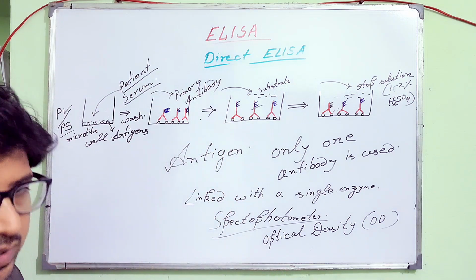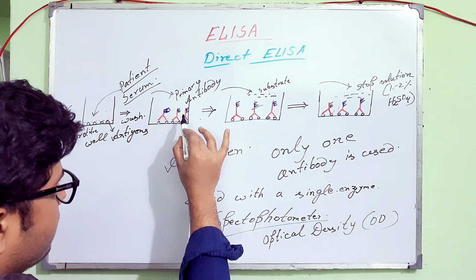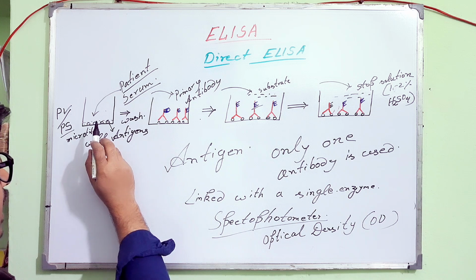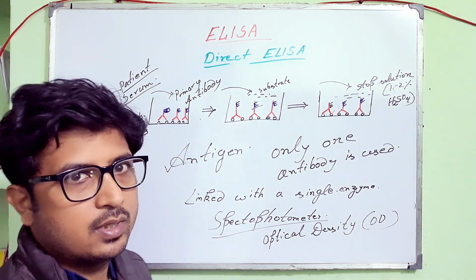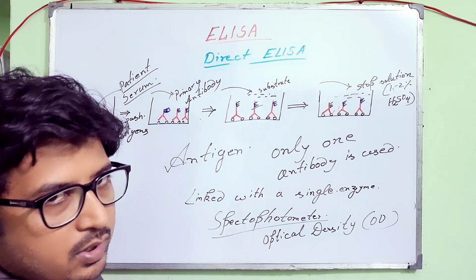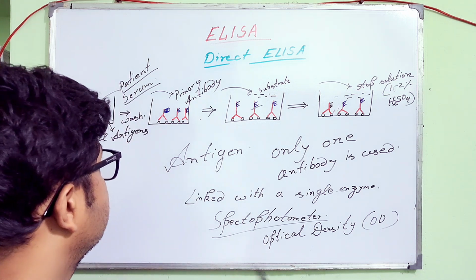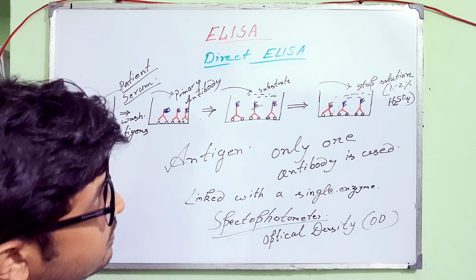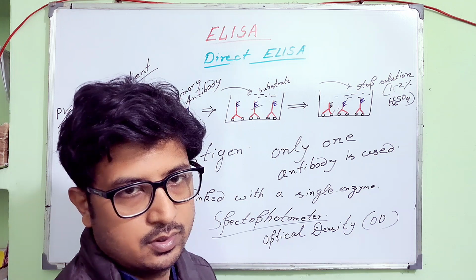So I hope you understand that direct ELISA consists of mainly only one antibody which is linked with an enzyme. The antigen will not be adhered from before, or the company will provide you only the microtiter well which is devoid of any kind of antigen or antibody. So first the serum, then the antibody, then the substrate which will be converted to the product, and then the stop solution.